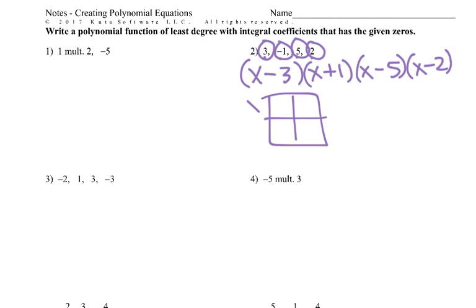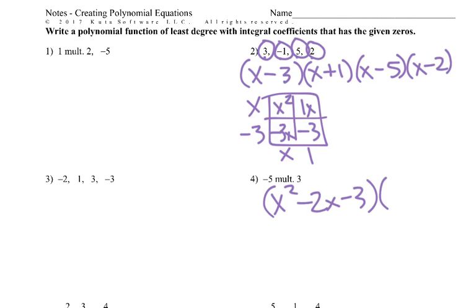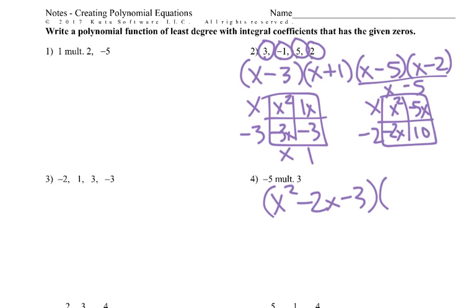So various ways you can do this. So we get x squared, 1x, negative 3x, and negative 3. So I get x squared minus 2x minus 3 times, then if I multiply those two together, so x and negative 5, x and negative 2, I get x squared, negative 5x, negative 2x, and positive 10.